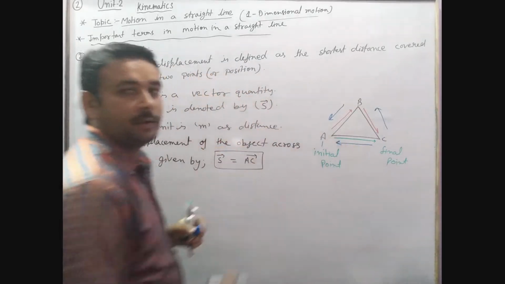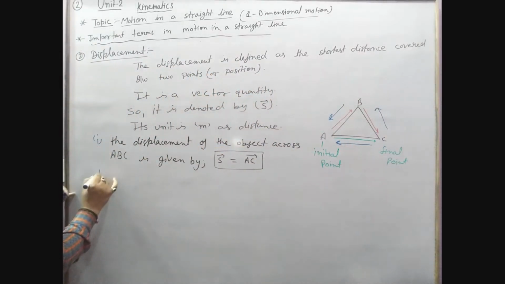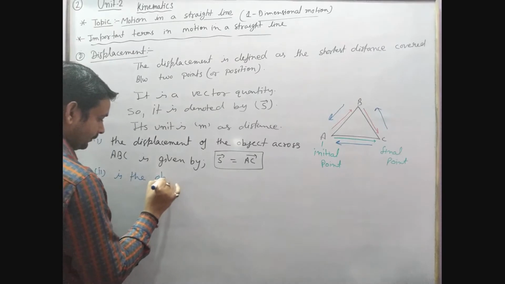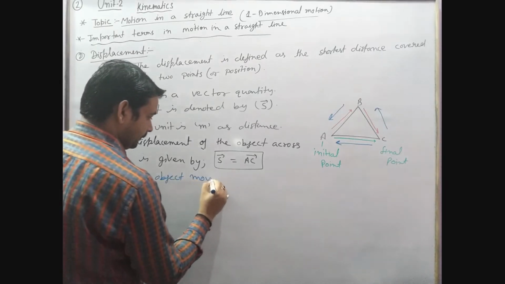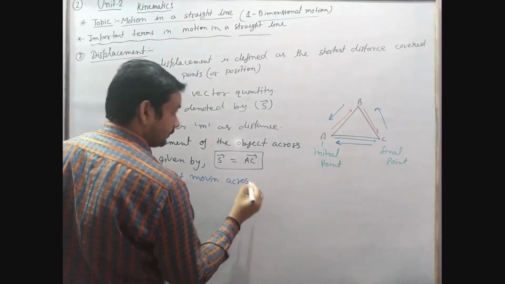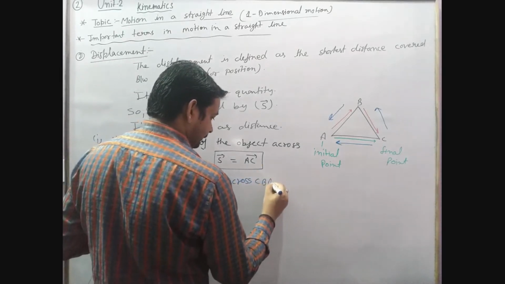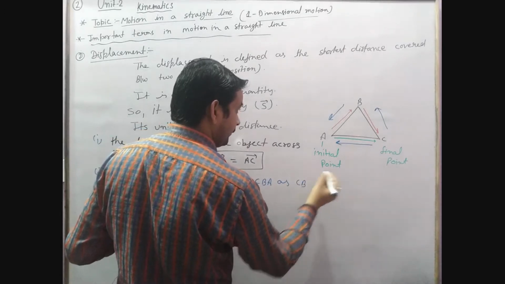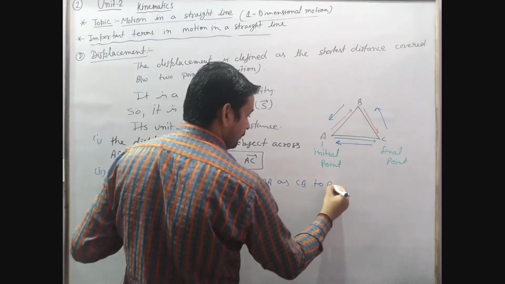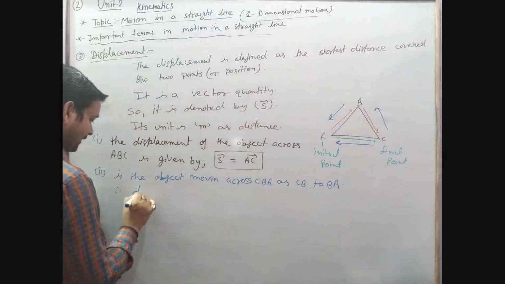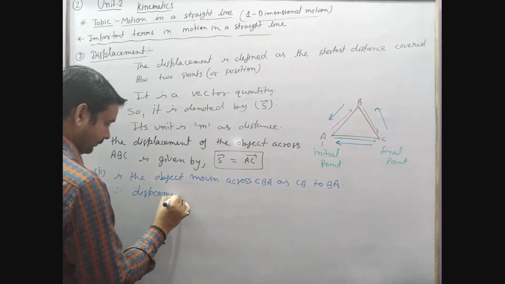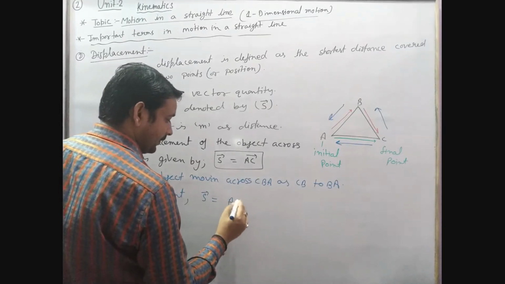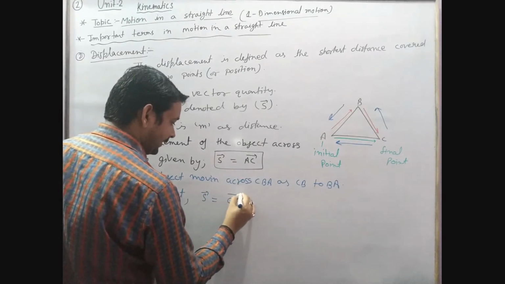This is the first case, and the second is if the object is moving across C, B, A, as CB to BA, therefore the displacement vector S is given by vector CA.